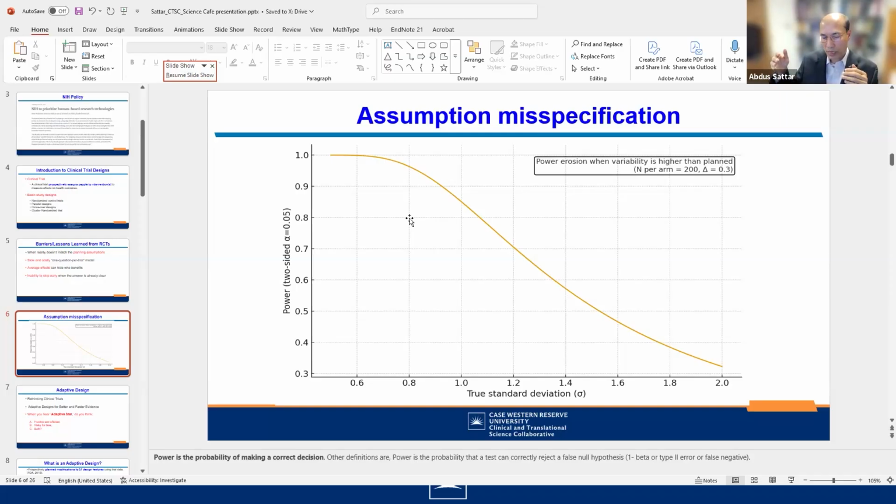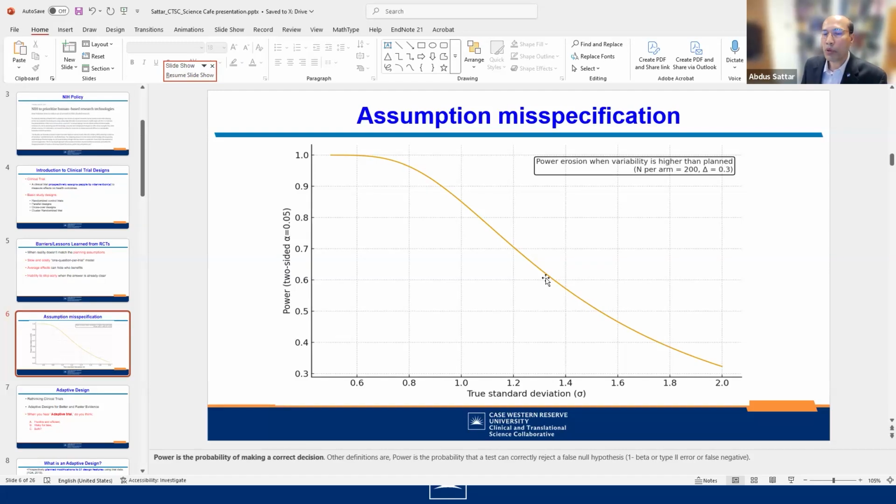If you assign more people and a longer duration in a scenario where efficacy could be detected early, we miss that opportunity. So these are the scenarios that could happen if we misspecify some of the parameters we are assuming in designing the study.